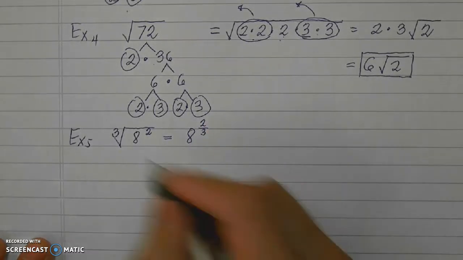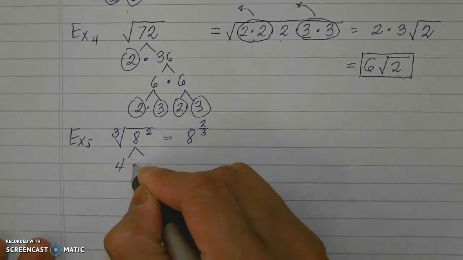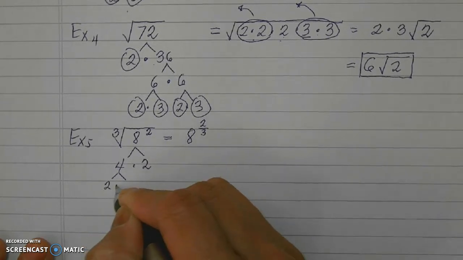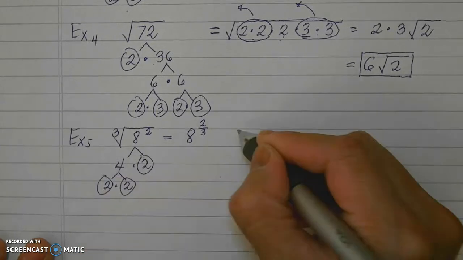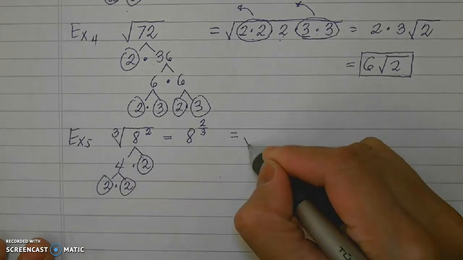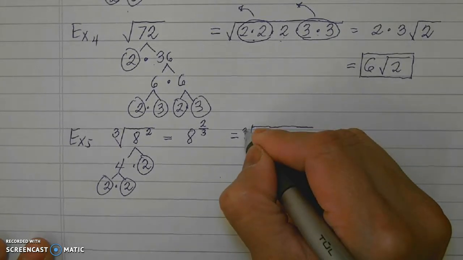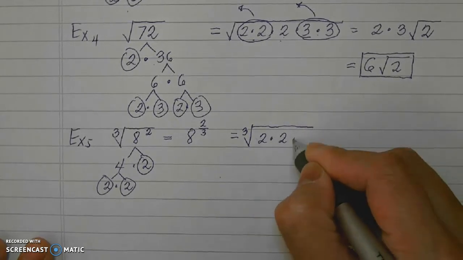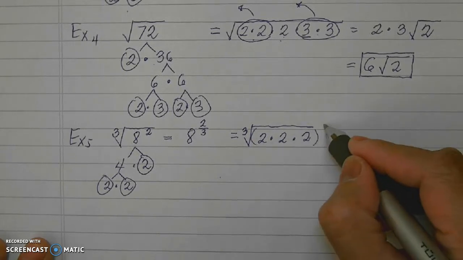Let's see. Again, let's do the prime factors. You have 4 times 2, and the 4 can be broken into 2 times 2. These are your prime factors. Let's go ahead and put them inside the radical. I will put the superscript, and then 2 times 2 times 2, and then all of this will be squared.